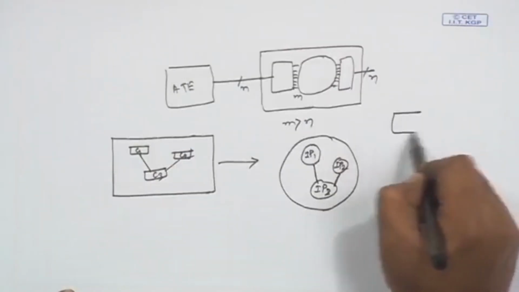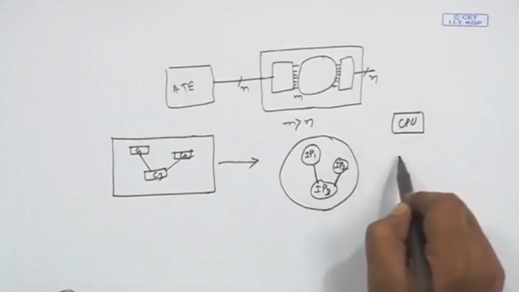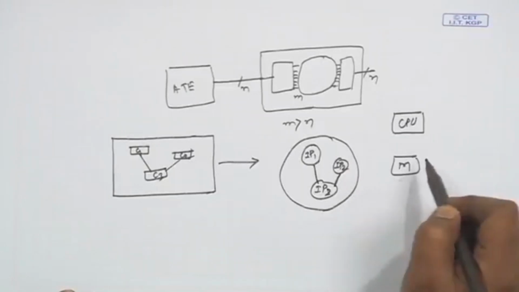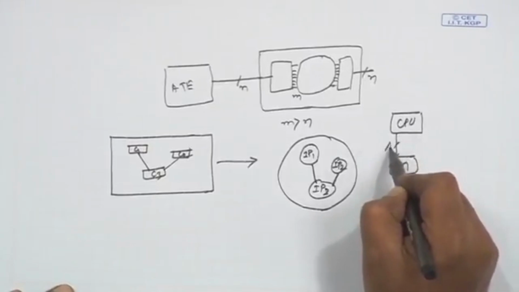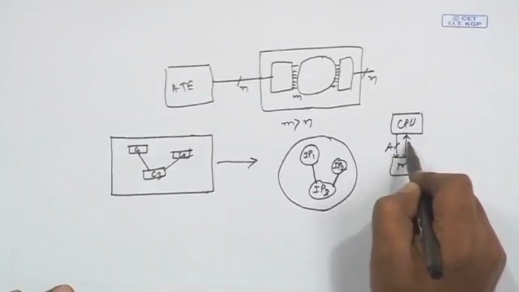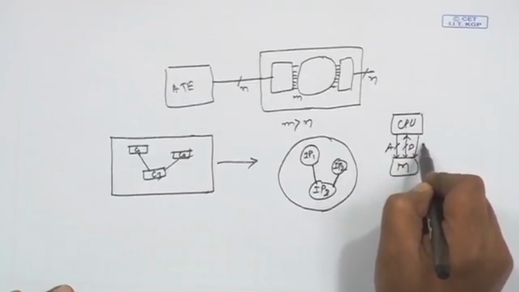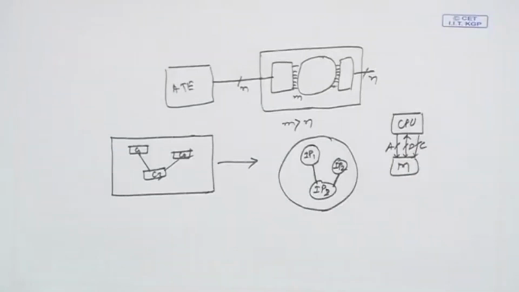However, there are problems, in the sense that there will be a large number of lines running in the system. If say IP1 is a CPU and IP2 is a memory, then from the CPU the address bus will come, the data bus will come and the control bus will come. For modern processors, the address bus and data bus are very wide.